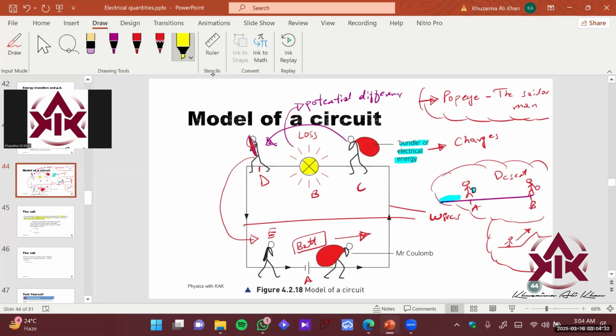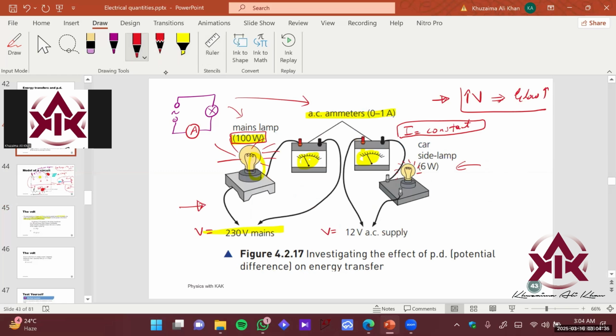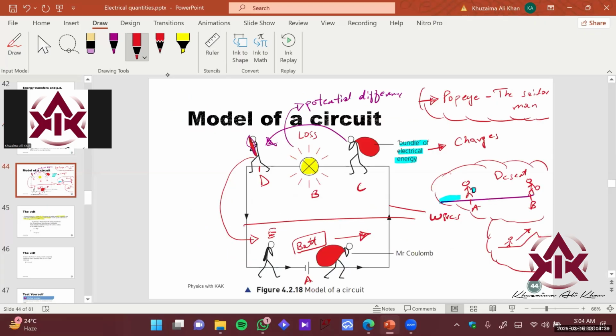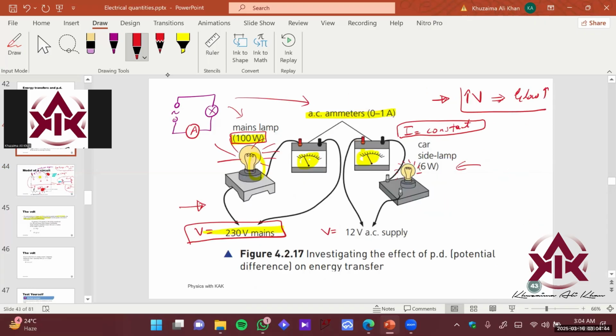So they are saying, if you have a greater voltage of the battery, the bag of Mr. Coulomb will be basically huge compared to a smaller battery source, right? Imagine you get 2K from your Ali Bhai, and you get 200 from Haris Bhai, right?